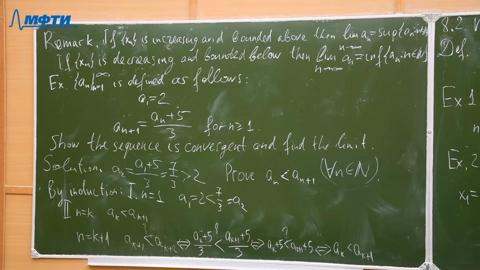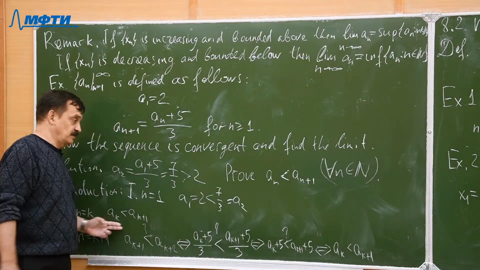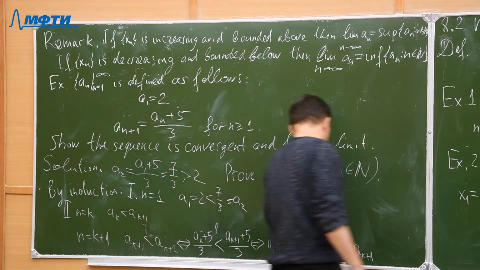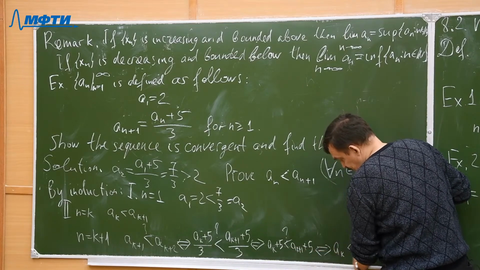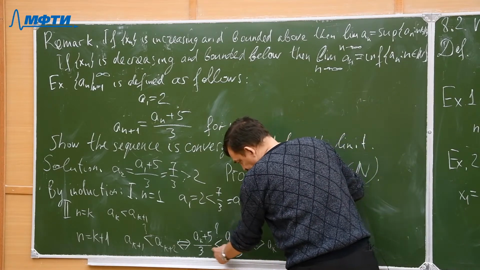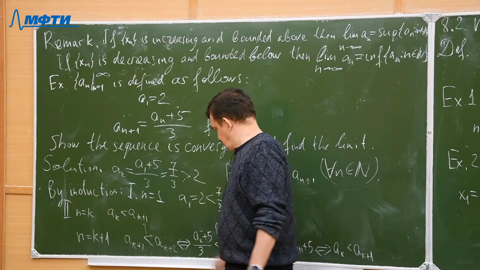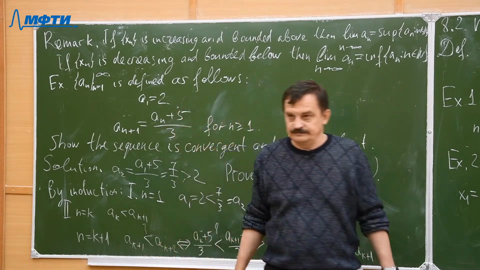So, another way is to start from the induction hypothesis. We suppose it's true, and then we add the same number 5 to both sides. That's true as well. Then divide both sides by 3. We have that inequality, and that is precisely what we want.